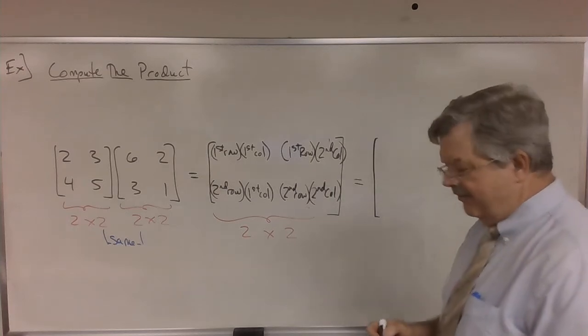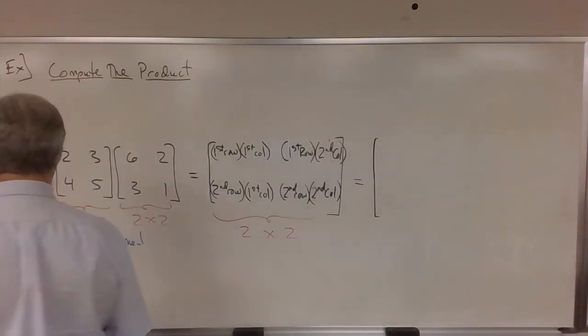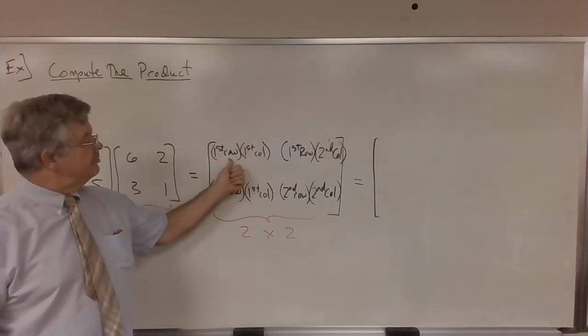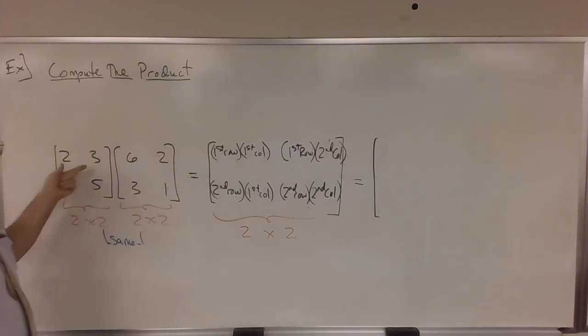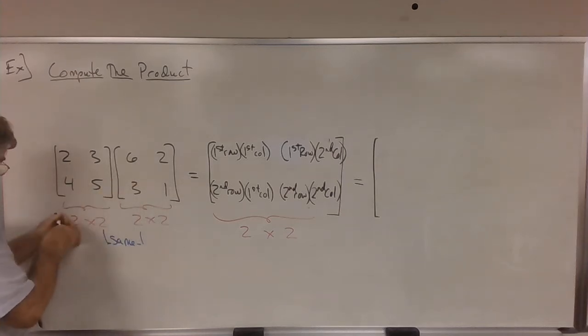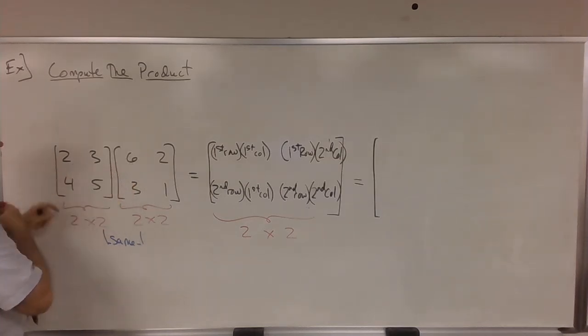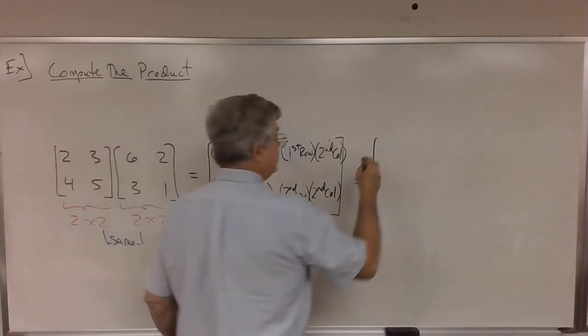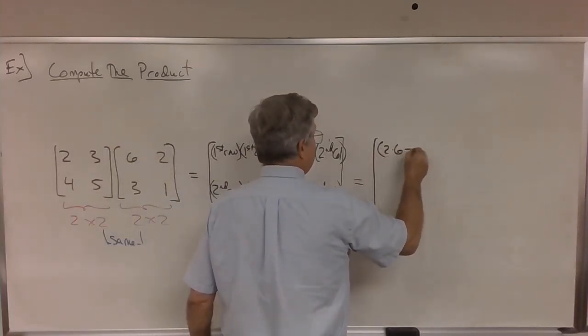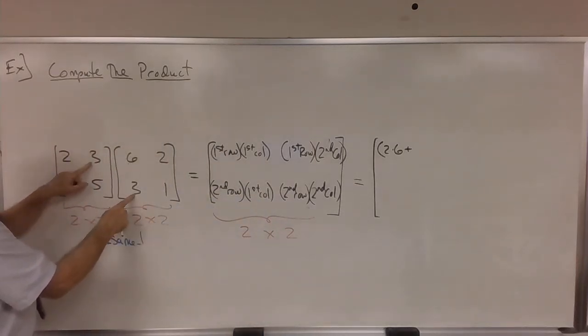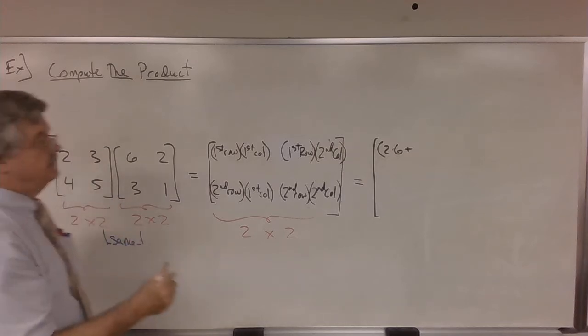Now let's actually crank this thing out. This entry is supposed to be first row times first column. We can do that. It's going to be the product of the first elements, 2 times 6, plus the product of the second elements, 3 times 3.